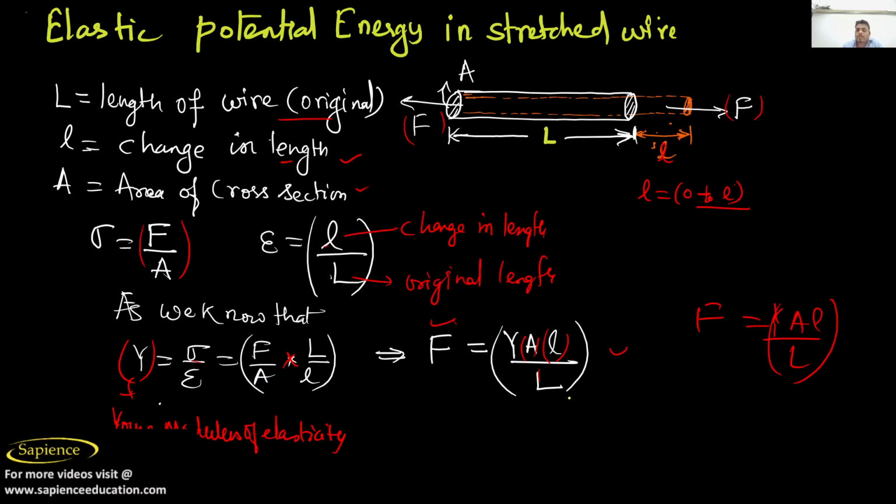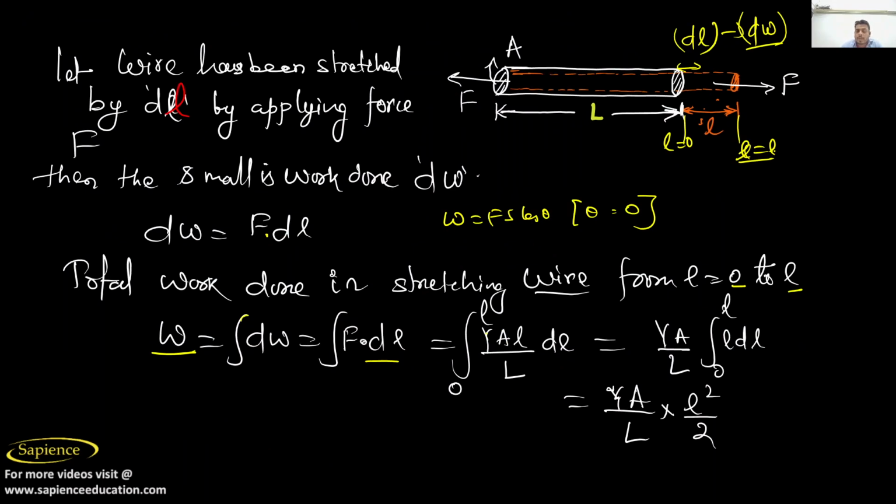Just now we found force is equal to Y A l by L. So we can write Y A l by L into dl, and l varies from 0 to L. Y is Young modulus of elasticity, A is the area of cross section, and L is the length. We can assume that area remains approximately the same, so Y A by L is constant, because L, the original length, is constant.